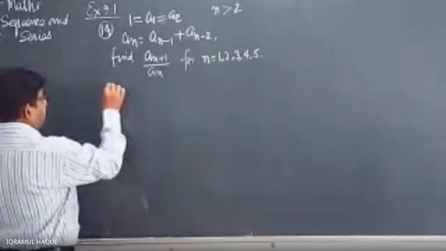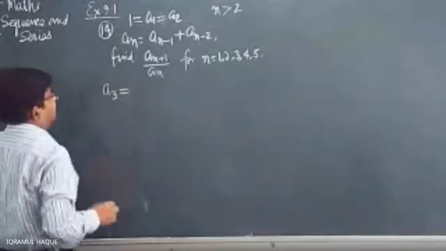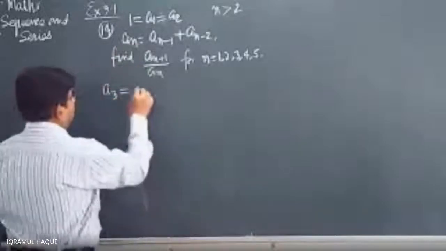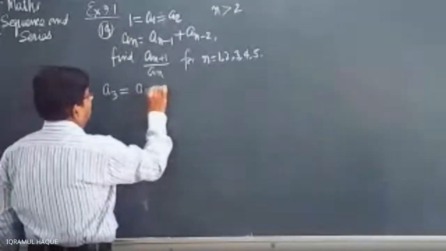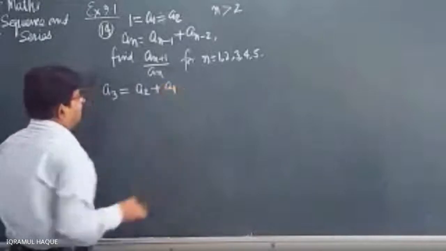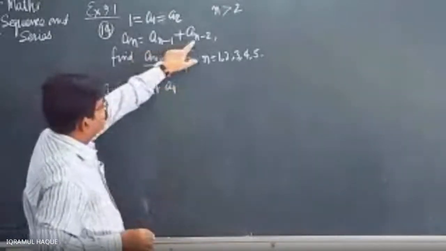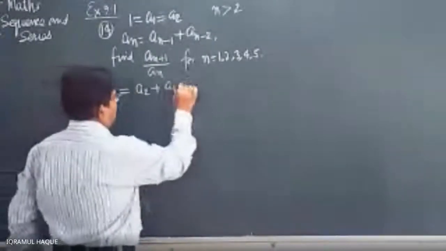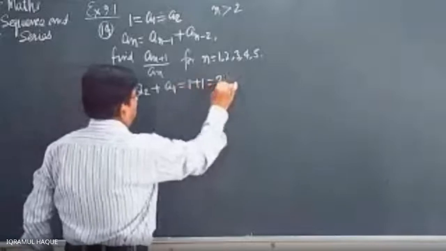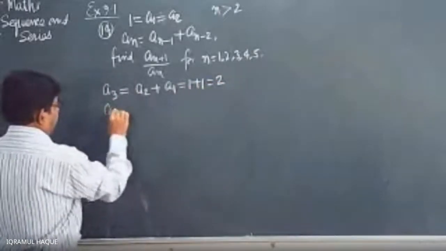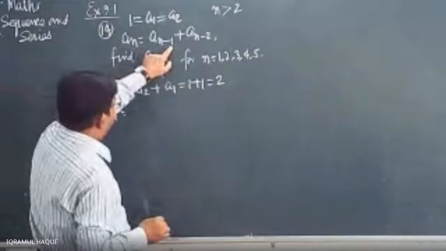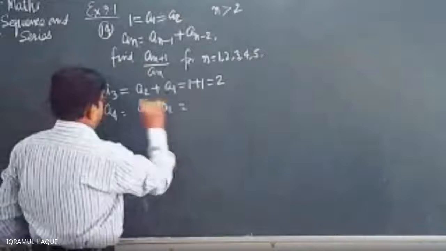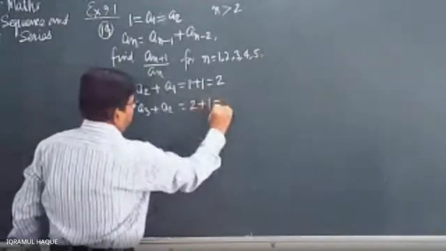So finding A3: in An, in place of n we write 3. So this is A2 plus A1, because 3 minus 1 is 2 and 3 minus 2 is 1. 1 plus 1 is equal to 2. Find A4: 4 minus 1 is 3, so we have A3 plus A2, which is 2 plus 1 is 3.